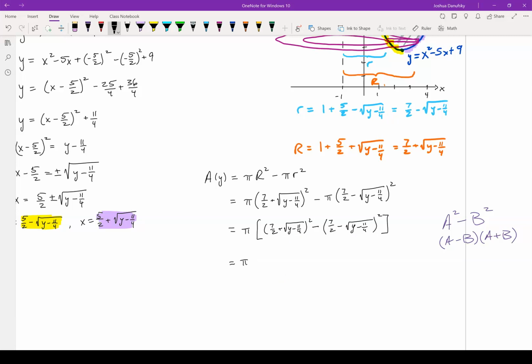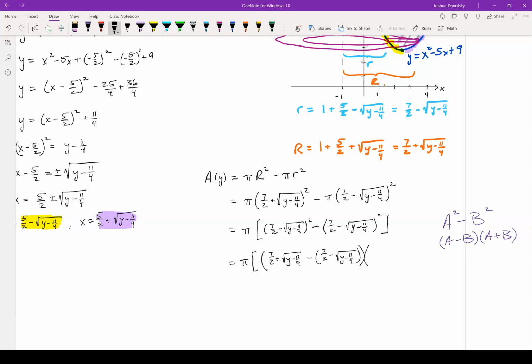So we have pi times, we need our A minus B, so that's going to be 7 over 2 plus the square root of y minus 11 over 4, there's A, minus our B, which is 7 over 2 minus the square root of y minus 11 over 4, like that.